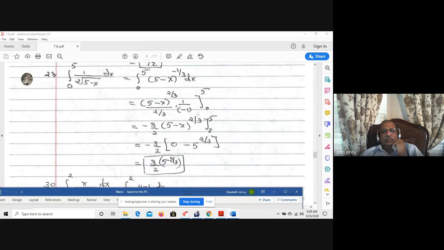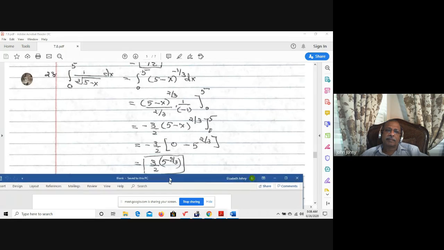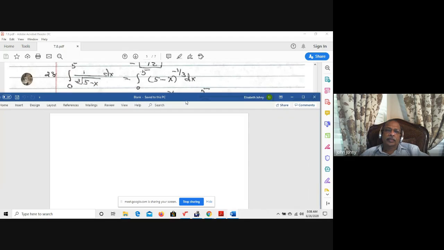Question number 28. Integral from 0 to 5 of 1 over cube root of (5 minus x) dx. So this is equal to the integral from 0 to 5 of (5 minus x) to the power of negative 1/3 dx.